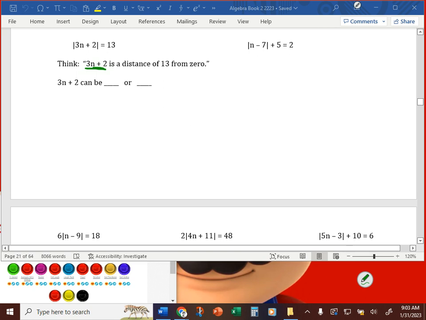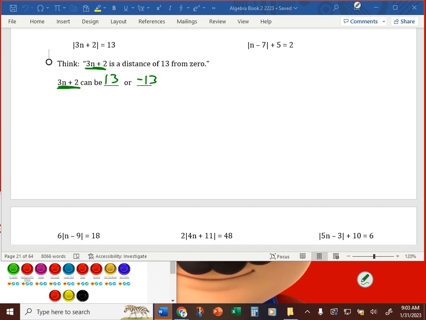Which means that 3n plus 2 can be either 13 or negative 13, because both of those numbers are a distance of 13 from 0. And that is where your two equations come from. 3n plus 2 can be 13. 3n plus 2 can also be negative 13.